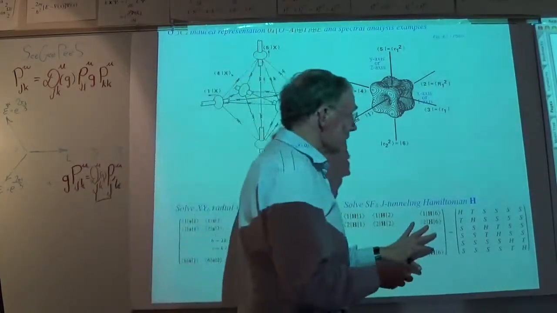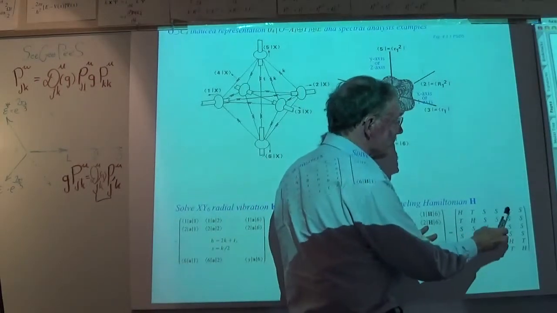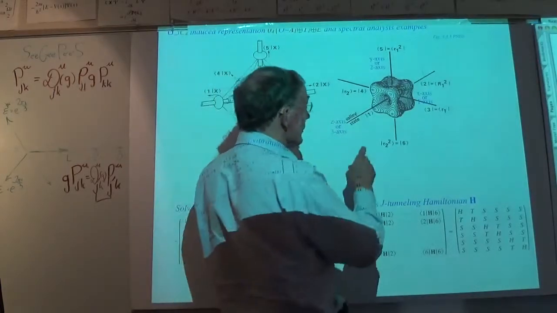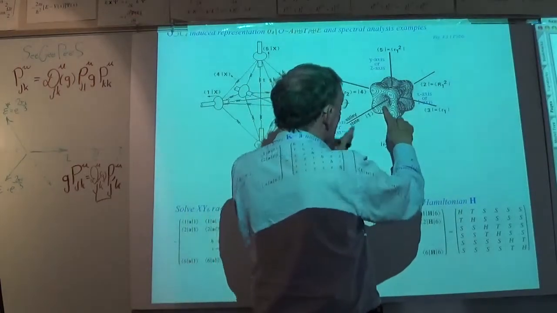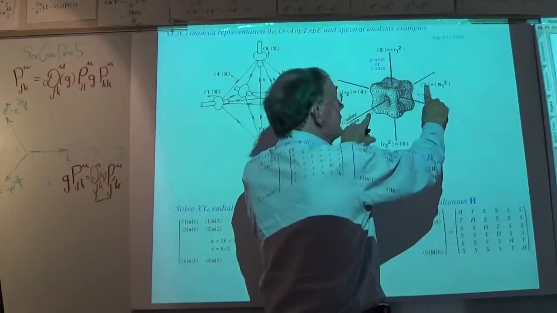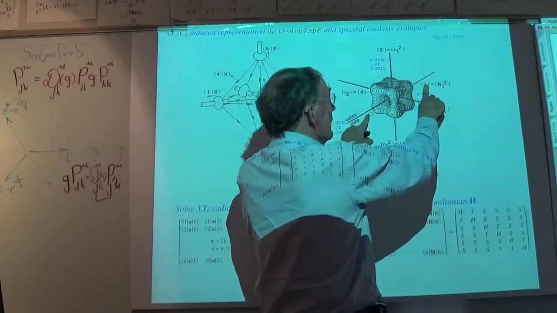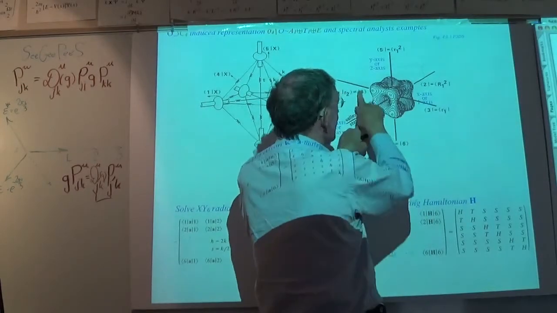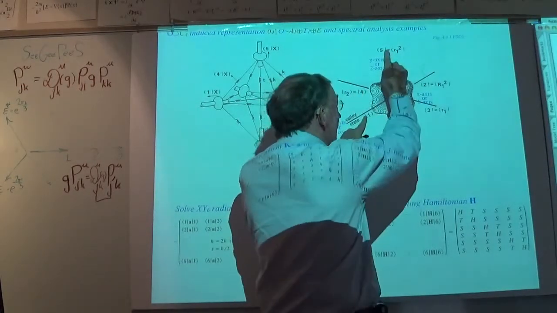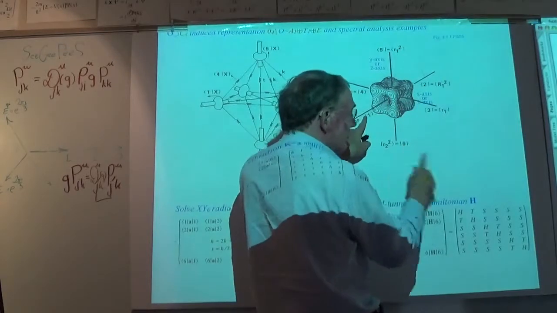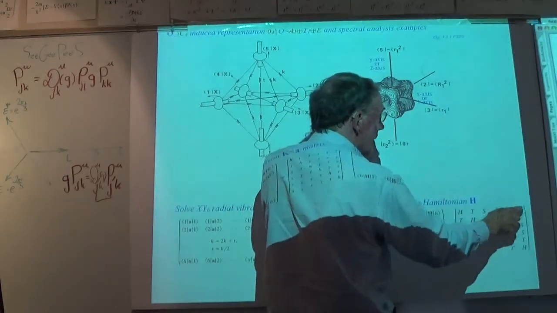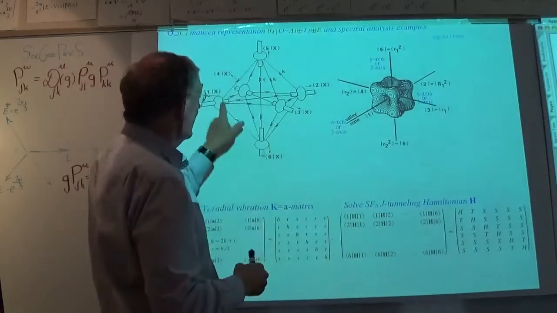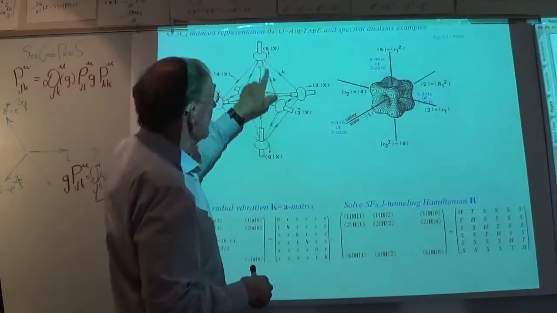This particular one has nearest neighbor tunneling parameters S going, say, from the valley state number 1, not to 2, that's next nearest neighbor, but from 1 to 3, 1 to 4, 1 to 5, and 1 to 6 would be these 4 numbers right there. It would be analogous to these 4 springs connecting nearest neighbors.